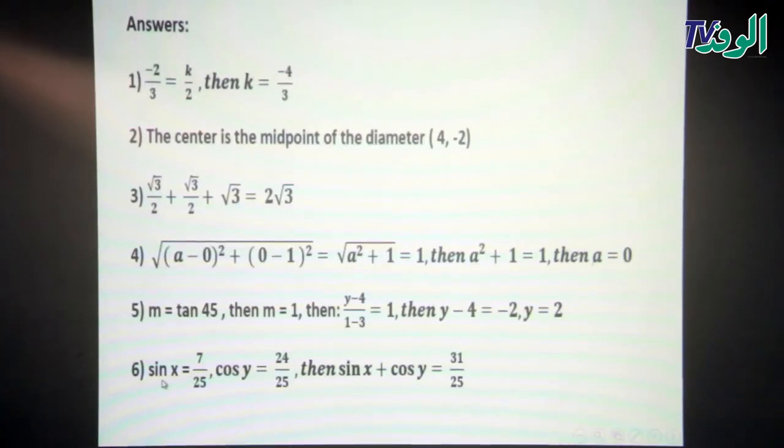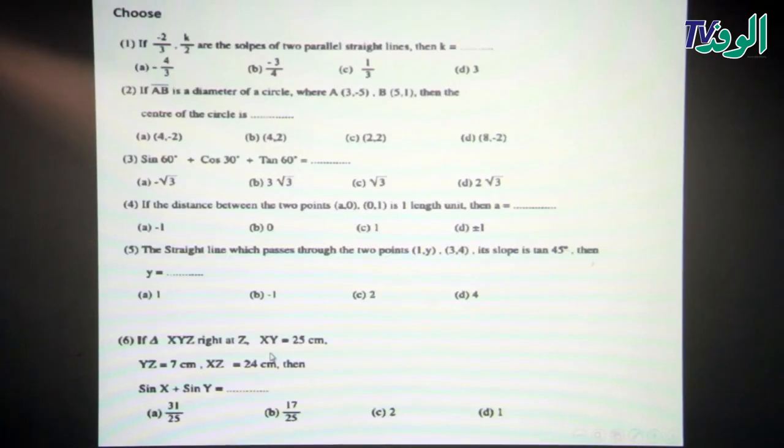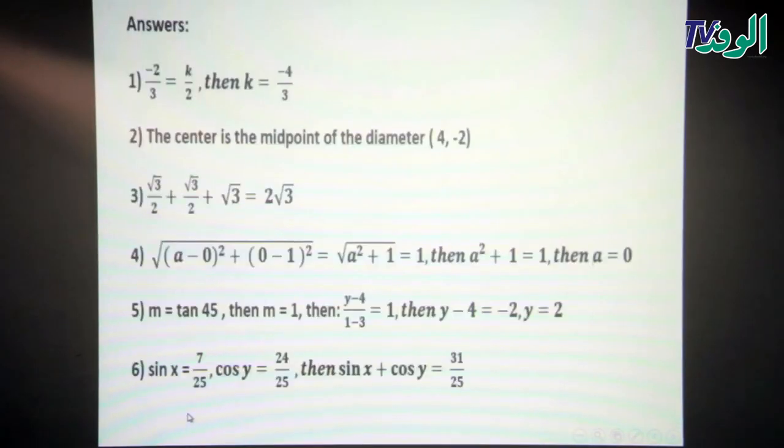So the answer is sin X plus sin Y is 7 plus 24, which is 31 over 25. Then the correct choice is choice A.